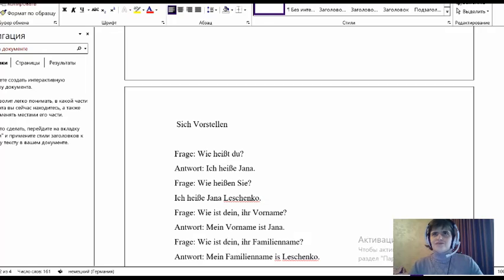It's a very, very strict rule that we have to follow. And to be honest, sometimes when I write something, I still occasionally forget to capitalize. And my teacher tells me, "Where is your capital? Come on." Anyway, please don't make the same mistake that I make. So, yeah, mein Familienname ist Leschenko.